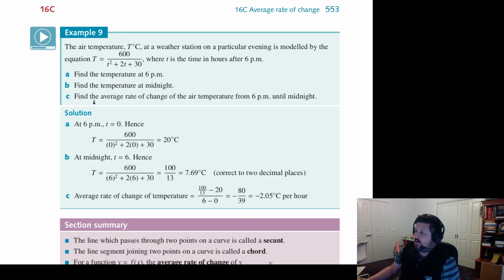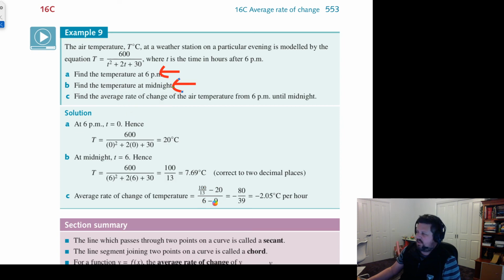Again, it says find the average rate of change of the air temperatures from 6 p.m., which was the first part that we worked out, until midnight. So to work out the average rate of change, it's going to be the change in temperature, which was 100 over 13, take away the 20 on the top line here, divided by the change in the t values.